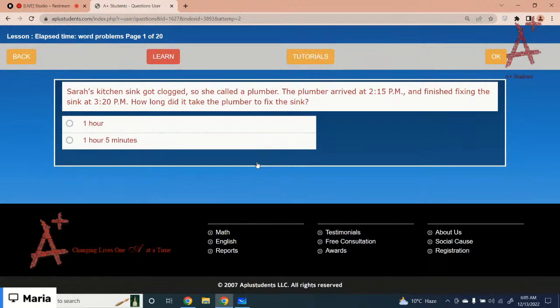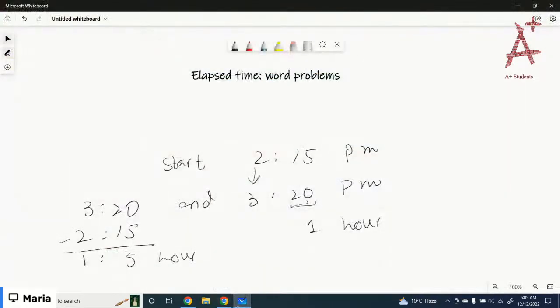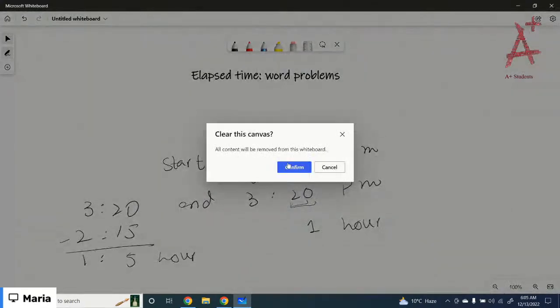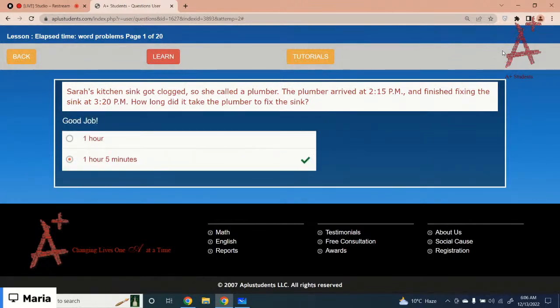You have to subtract the start time out of the end one. So subtract 2:15 out of 3:20. You can subtract hours to hours and minutes to minutes. Got it? So it would be 1 hour and 5 minutes. Got it? Just select the correct option and click on the OK button.